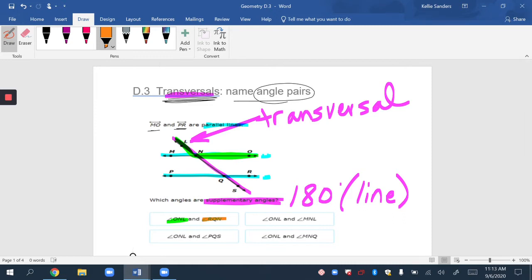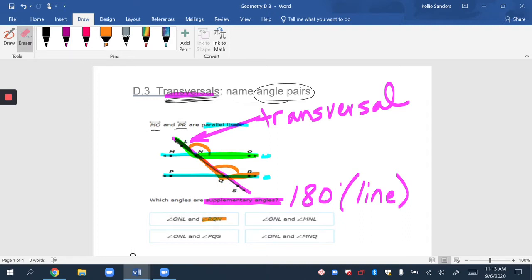Angle RQN. RQN. These are not supplementary. This angle and this angle are not supplementary, basically because they don't connect. And even if they did connect, they wouldn't make 180 degrees or a straight line.